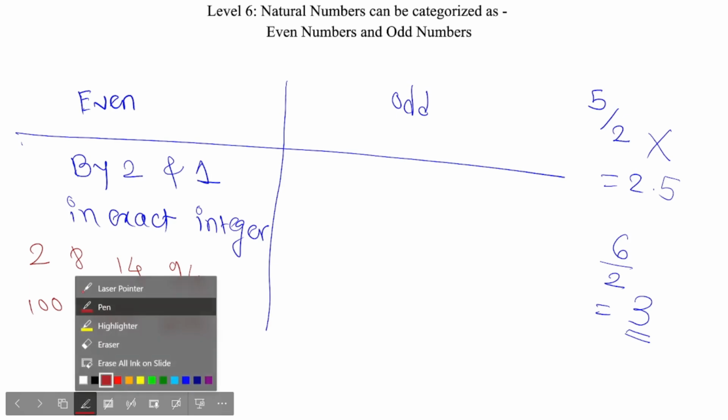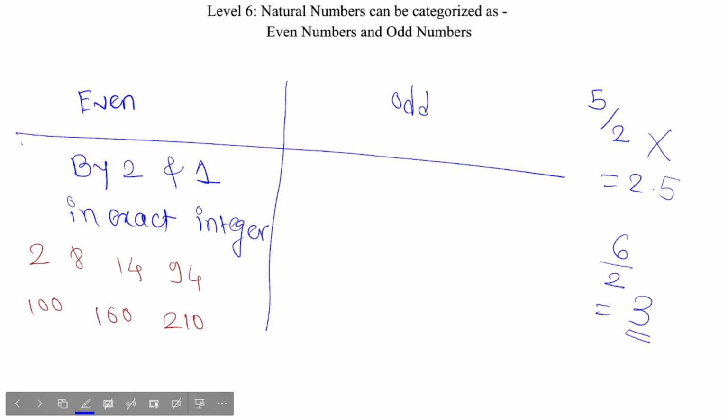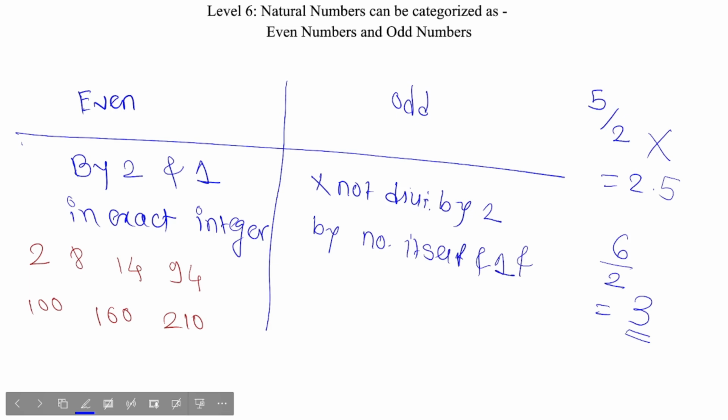An odd number, unlike even, is not divisible by 2. But it is divisible by the number itself and 1, and any odd number we can add.